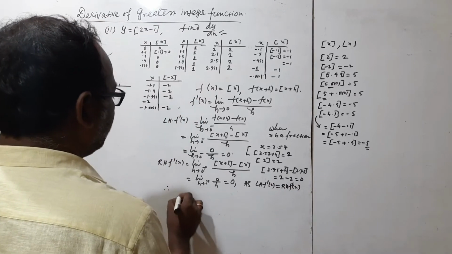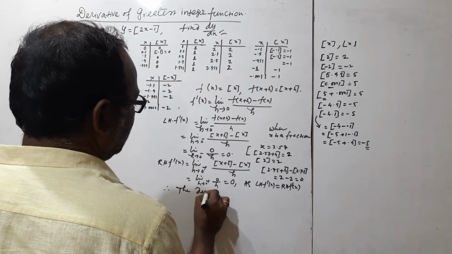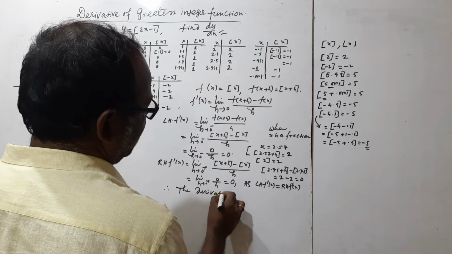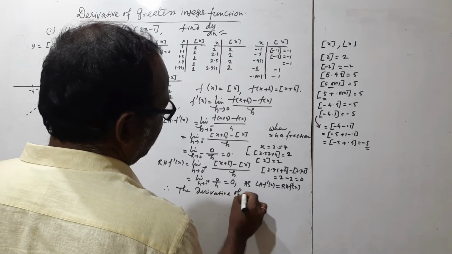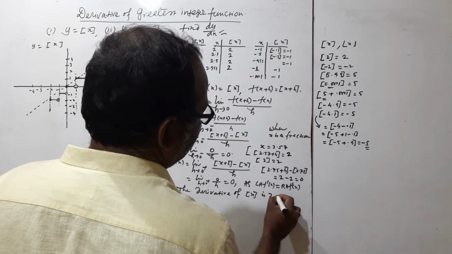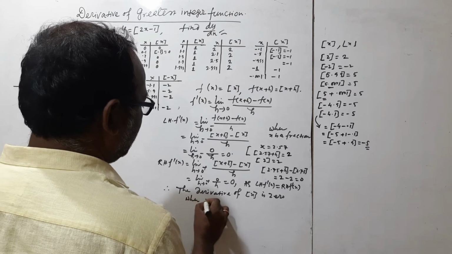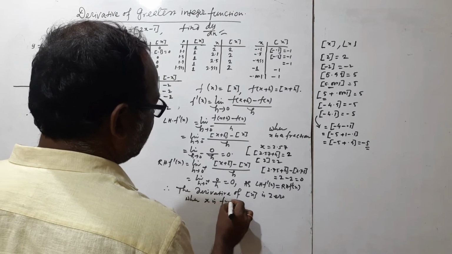So therefore the derivative of box x is 0 when x is fraction.